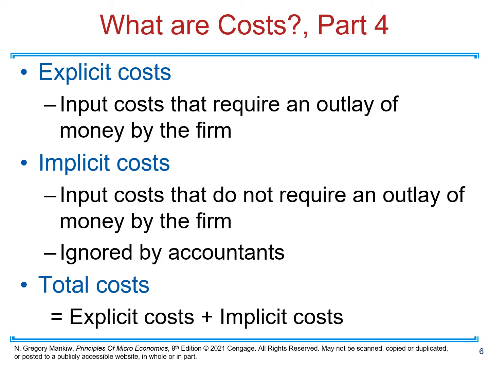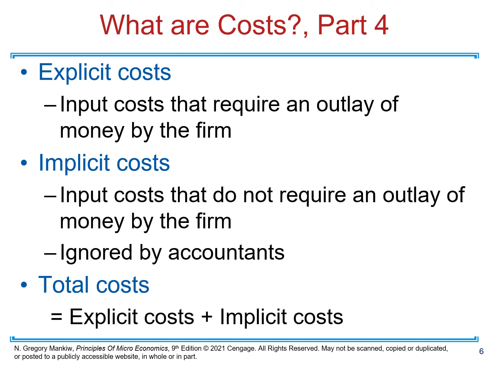Let's say you could work at another ice cream shop making $50,000 a year managing it. You gave that up, but you didn't actually pay for it. But that's the opportunity cost that you add on. That's implicit cost. Then your total cost is going to be implicit plus explicit cost.